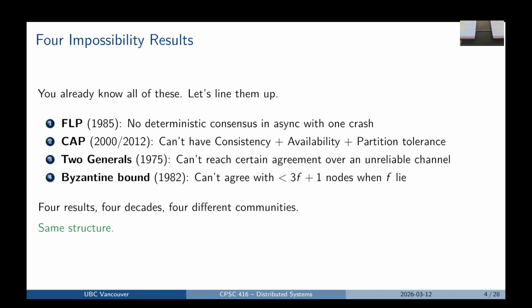So we have FLP, we talked about that. We talked about the CAP theorem, which was first proposed informally in 2000 and more formally in 2012, which says you cannot have consistency, availability, and partition tolerance all at the same time. Now, partition tolerance is just going to happen.